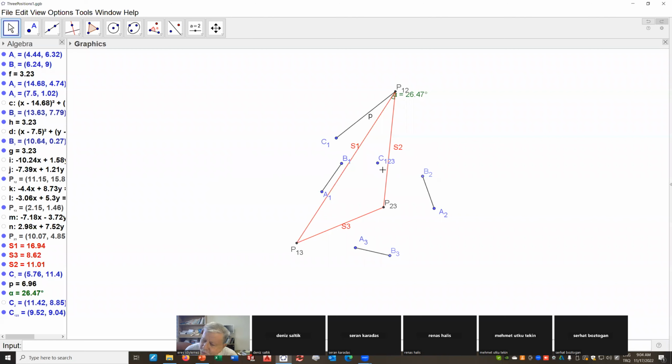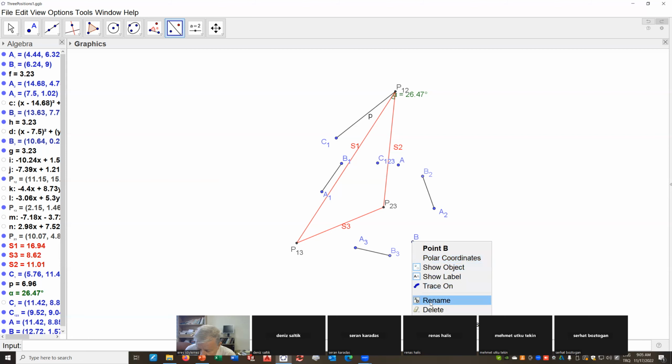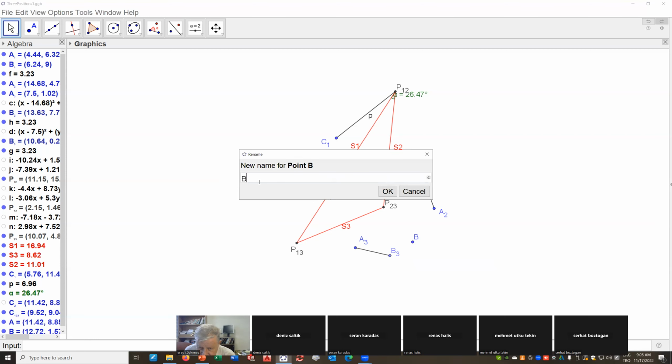Now this ground point or base point, I can take the image of this base point with respect to side 2. I can take the image of this base point with respect to side 3. This point is going to be C2. This point I will relabel as C3.